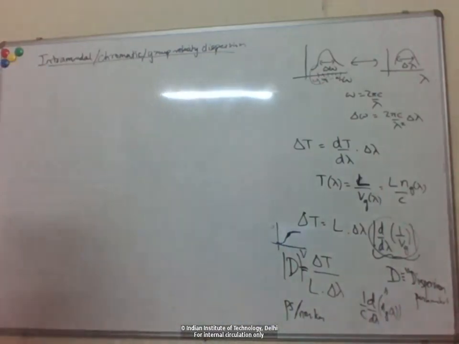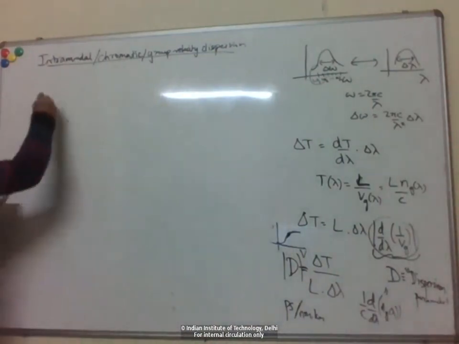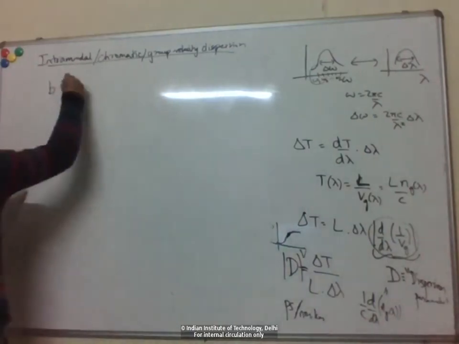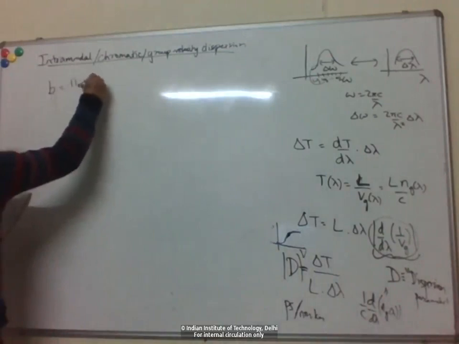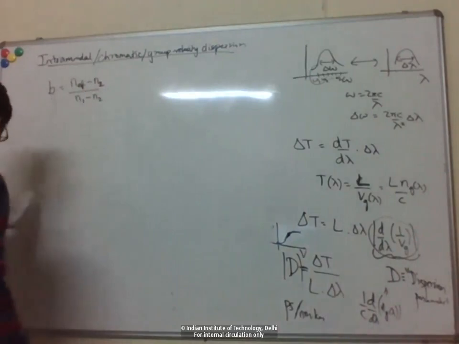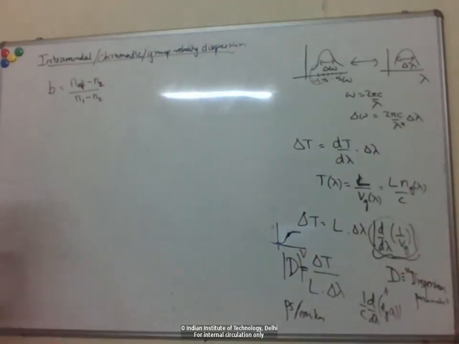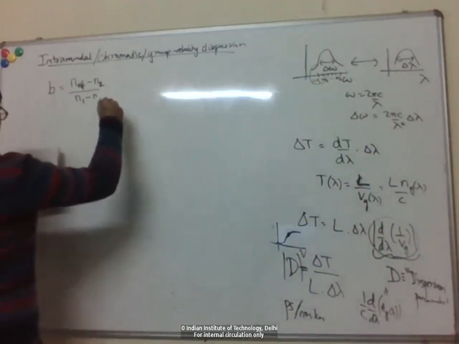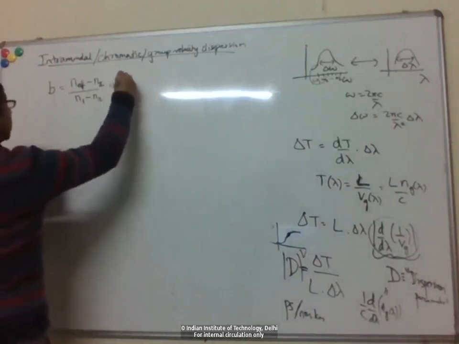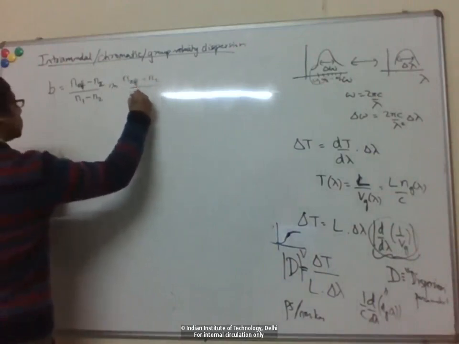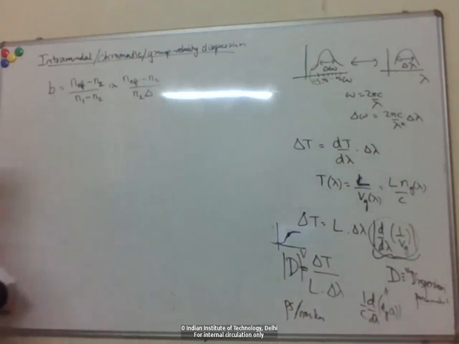Let's see how this contribution of material and waveguide comes in. If you look at the normalized propagation constant, or normalized effective index, you can write this in terms of delta.